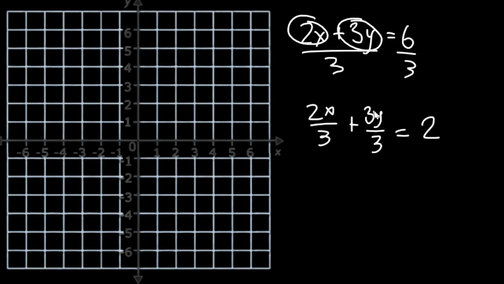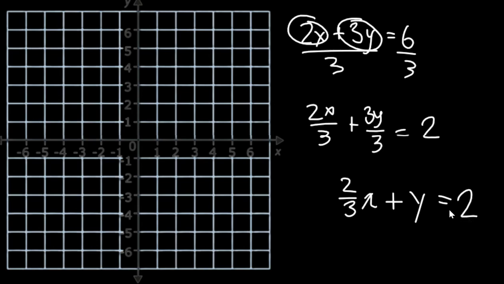So now that we have that, we see that 2x divided by 3 is the same as 2 over 3 times x plus, we can see that 3y over 3 is the same as y, equals positive 2.